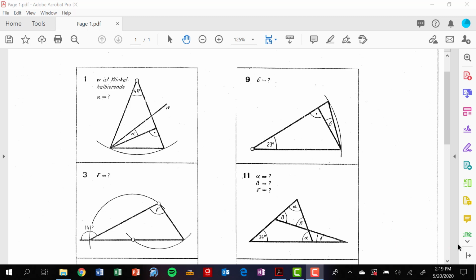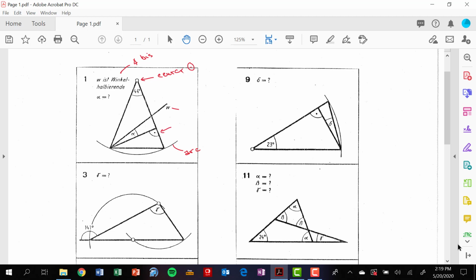The first problem here is where this W is whatever. This basically means that this W is an angle bisector. So this guy right here is an angle bisector. Something else you should know is that these little dots indicate that it's the center of the circle, where this is the arc of that centered circle.